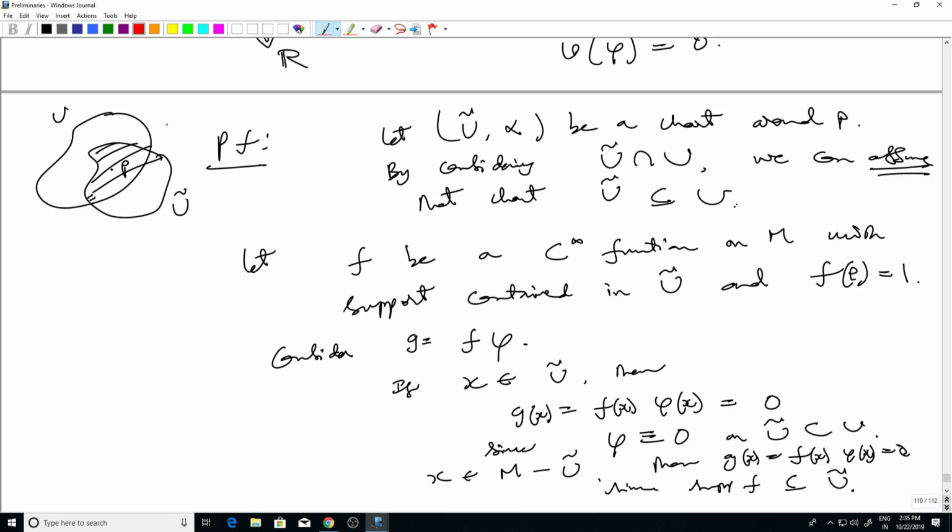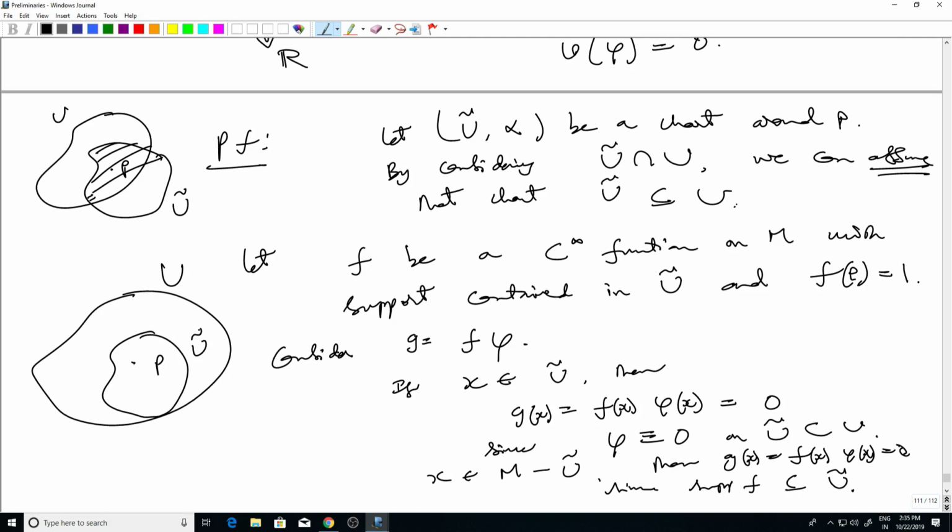So now the picture is, this is the point P. This is a big open set, and I can assume that U tilde is actually contained in U, and the support of the function f is contained in U tilde, and moreover its value at P is 1. To say that the support is contained in U tilde in particular implies that it's identically 0 outside U tilde.